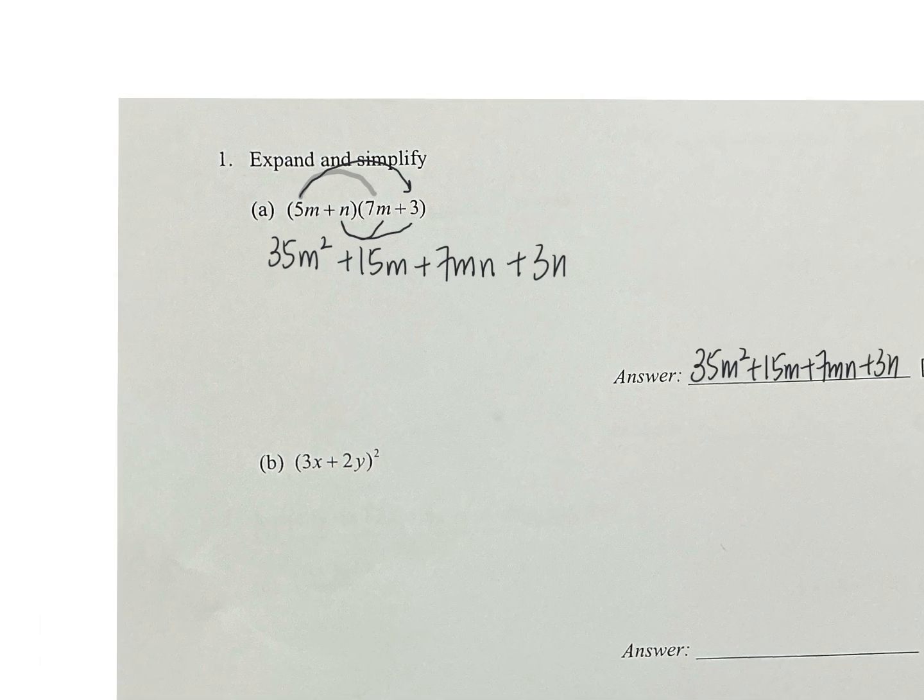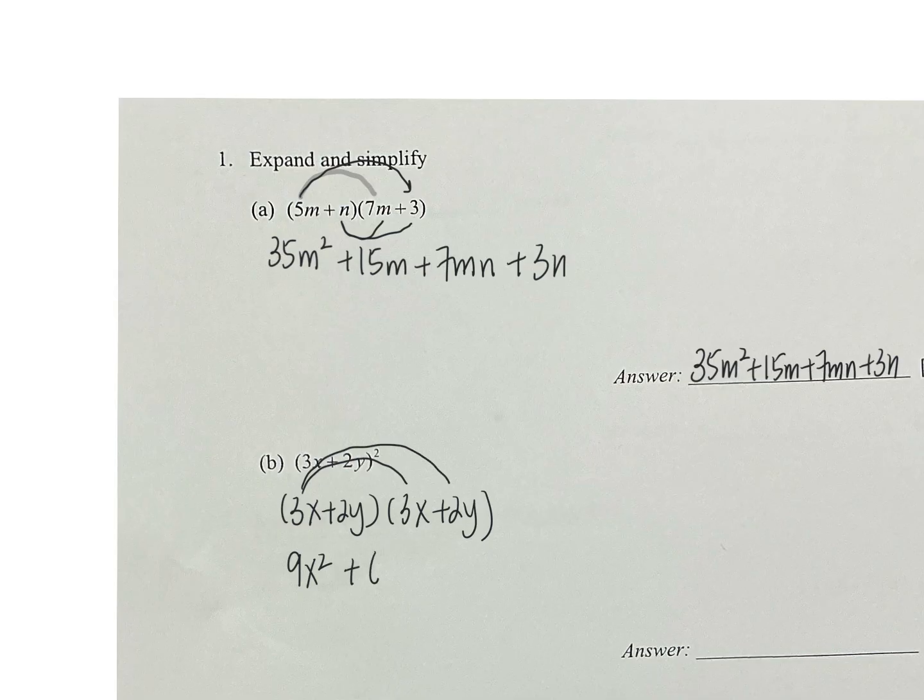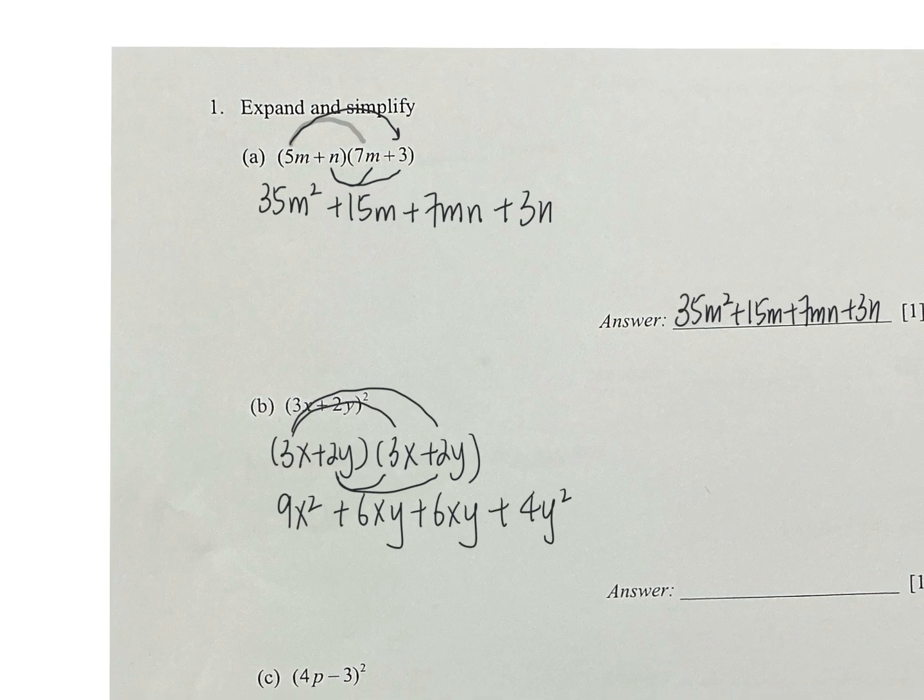Okay, next one. When you have two of these, you can draw this 2 times, and then you do your rainbow. 9x squared, 6xy, 6xy, and 4y squared. So you will end up having answer as 9x squared plus 12xy plus 4y squared.